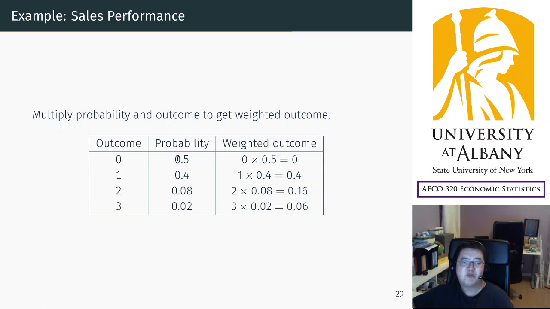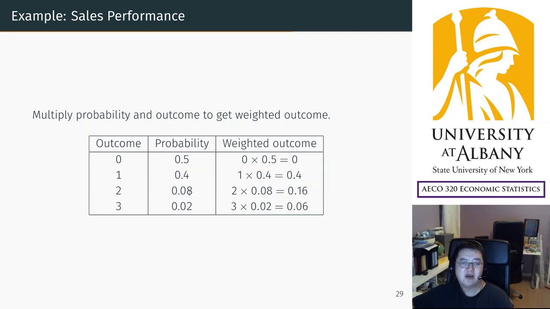So 0 times 0.5 is its probability weighted outcome, which is 0, and outcome 1 is weighted by 0.4. 1 times 0.4 is 0.4, which is the second probability weighted outcome, and 2 is weighted by 0.08.